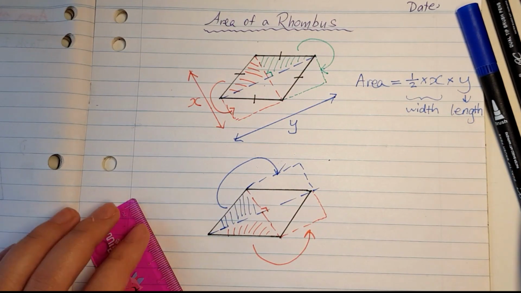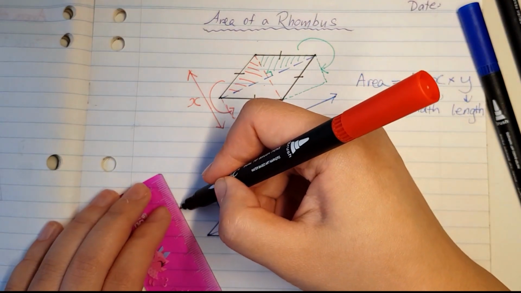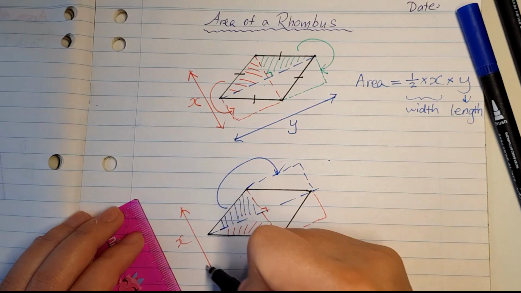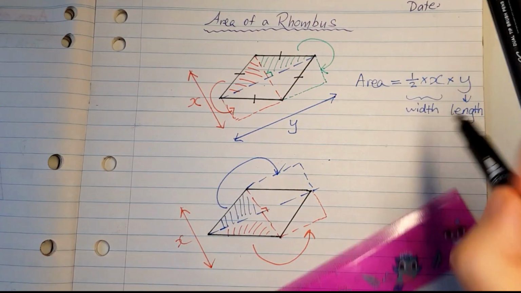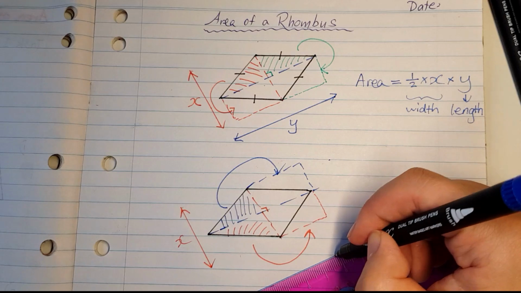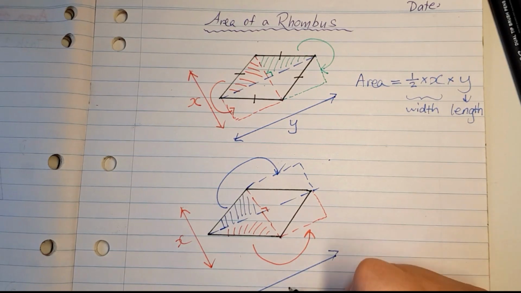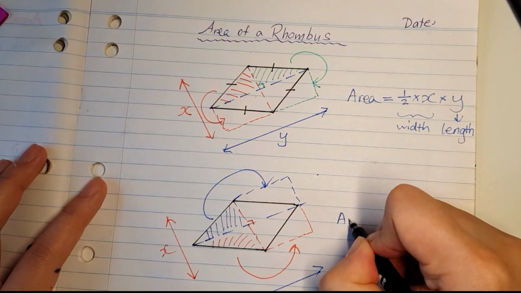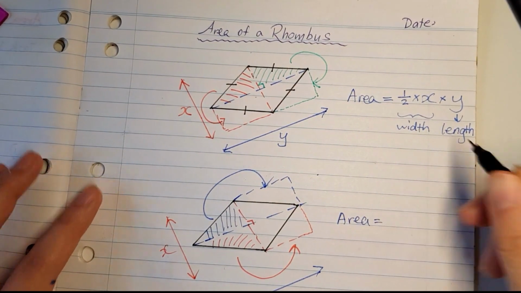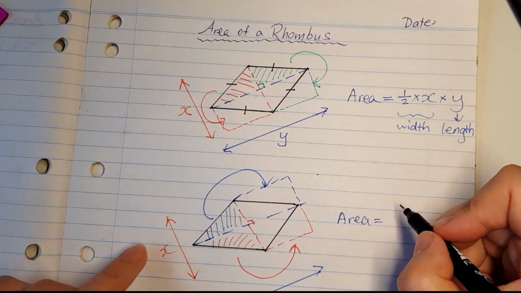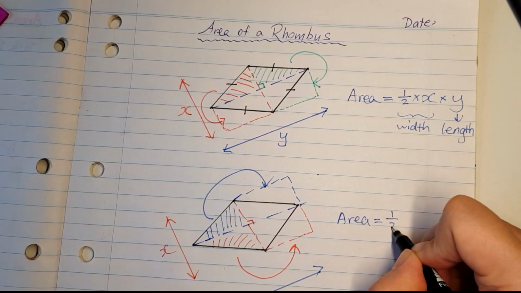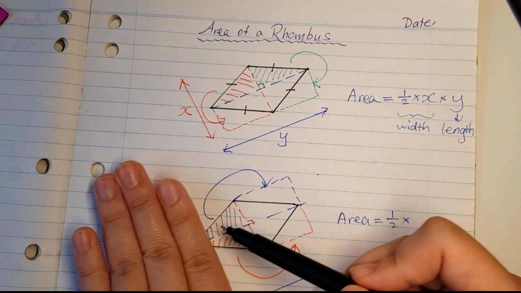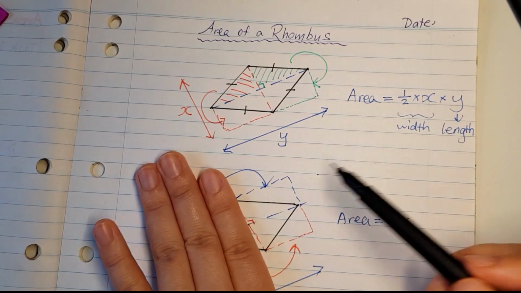And if we still have our diagonals labeled as X and Y, then this time you can see that we are writing it a little bit differently. So our formula then becomes half of, now let's look at that, covering that up because you have now taken the triangle over to the other side.